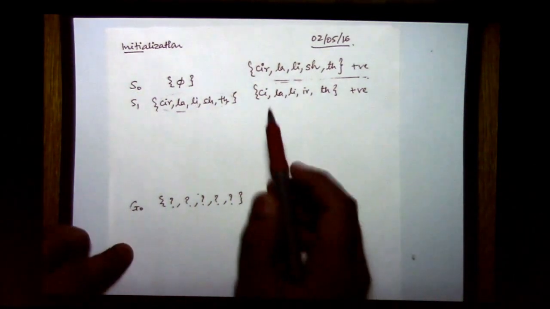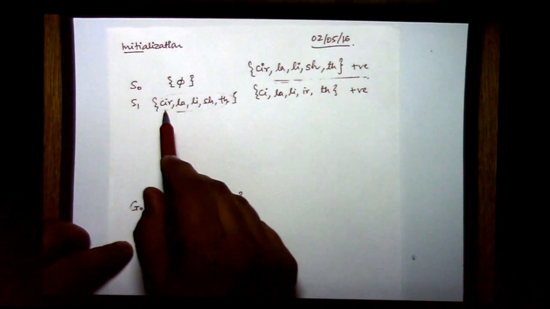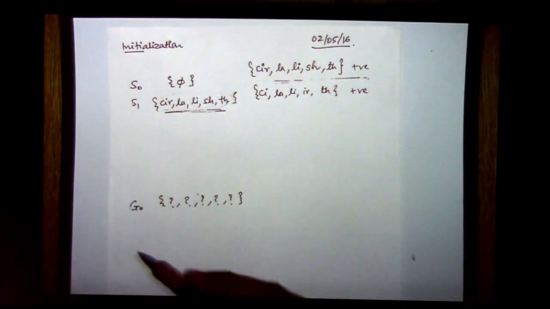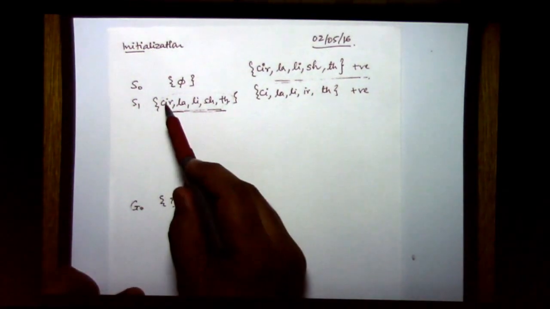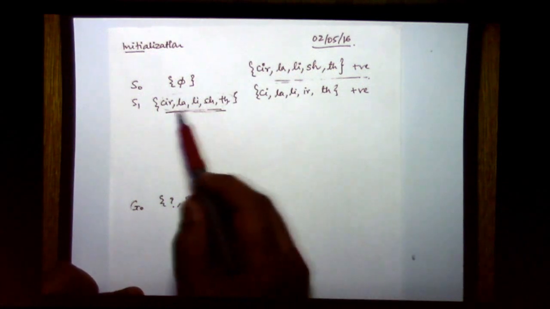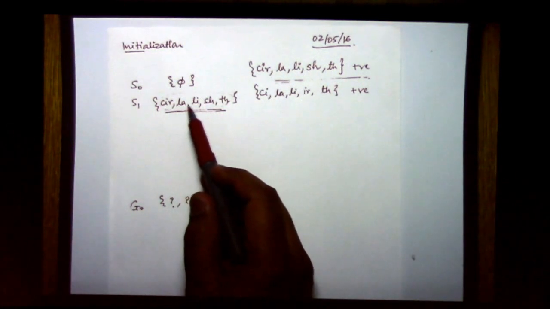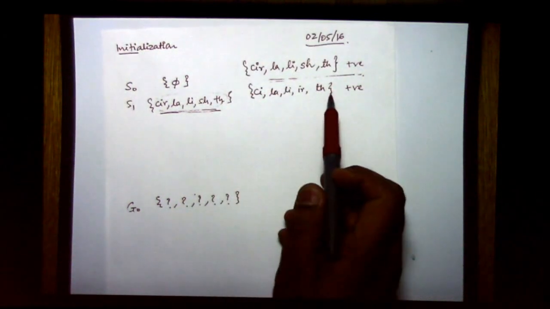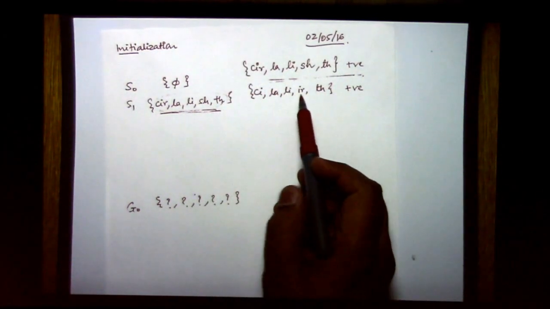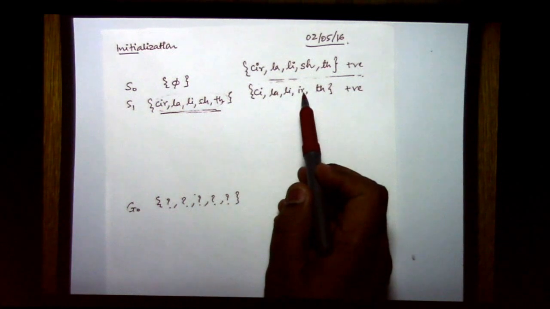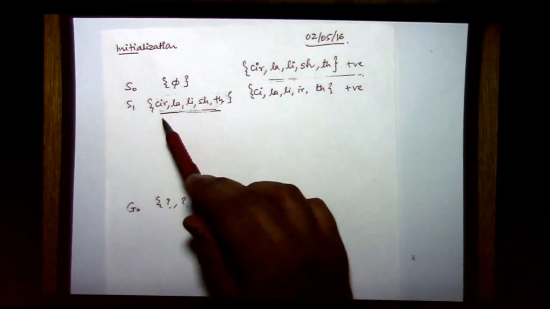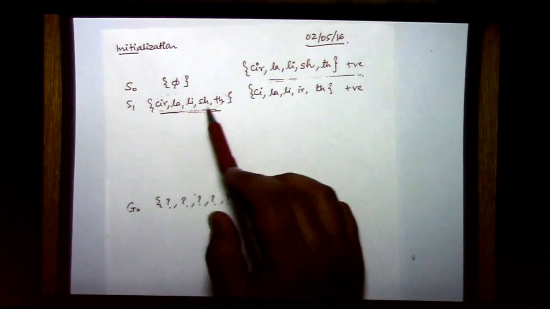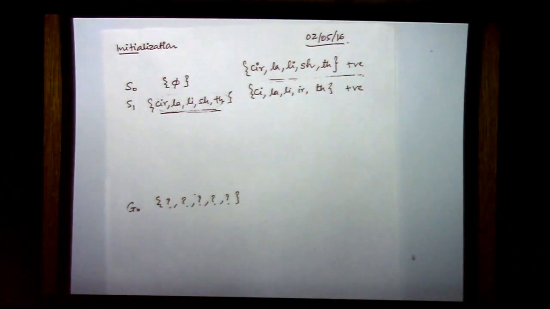What that means is that this concept is going to call only those examples positive or malignant which have these things in them. It should be circular, large, light, smooth, and thick. But if you look at this example, it disagrees on one of them, which means that this specific boundary right now is not consistent with this example, so you need to modify it.